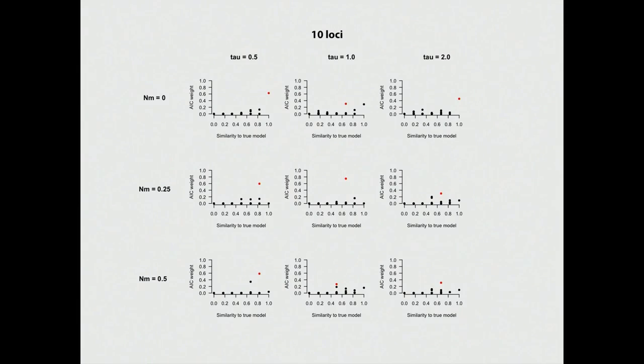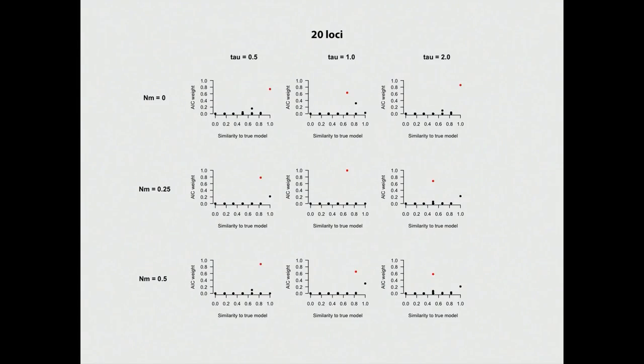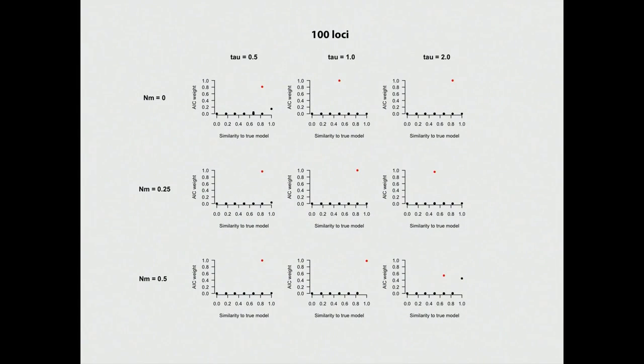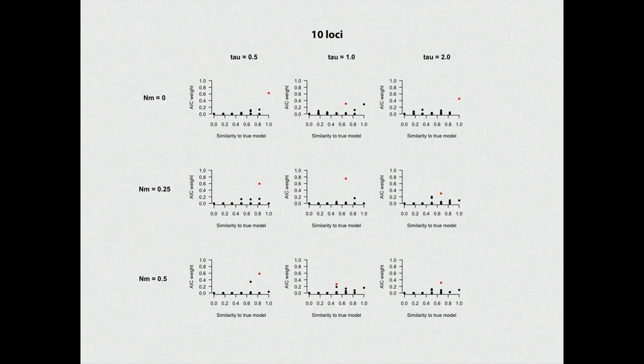Here are some simulations Nathan ran where we vary the number of loci we're using, 10 versus 20 versus 50 versus 100, as well as varying the true time of splits and migration rates between models. This is a 3-population model. Also, those NMs are actually 4 NMs. That's a mistake.